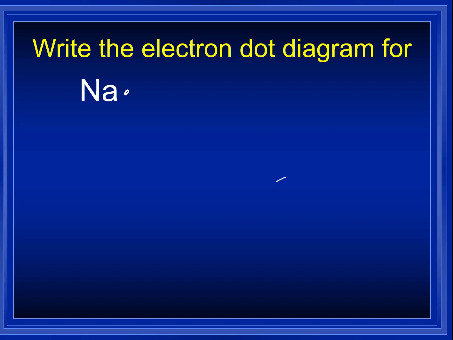Okay? So what about Mg? Okay, so Mg is in group 2A. Got to put on 2 dots. There's only one wrong way to put on those 2 dots, and that's to put them together.